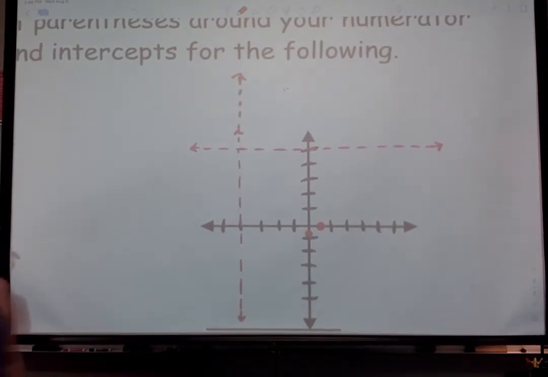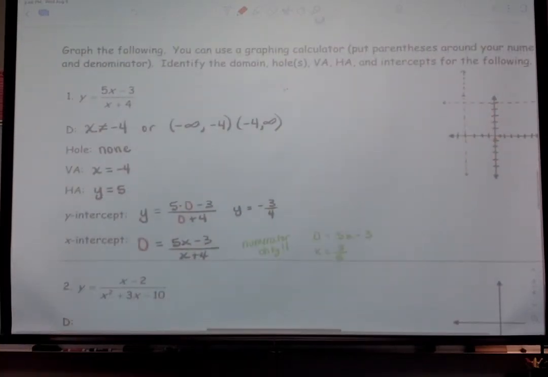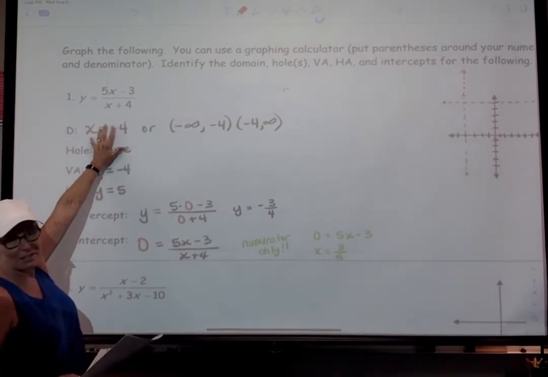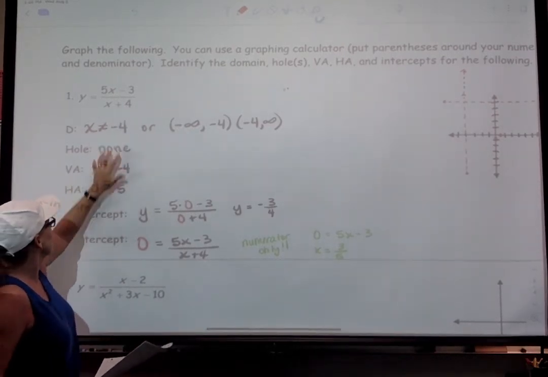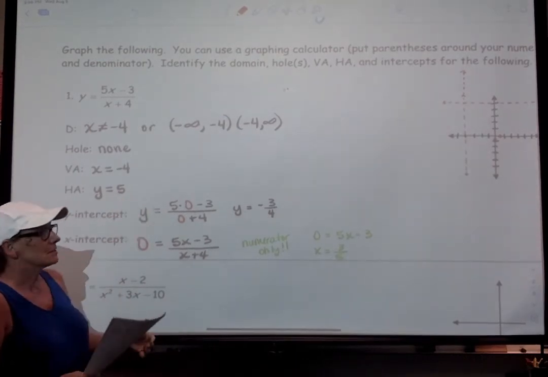What on earth does this graph look like? So have I graphed everything I can? There's nothing left to graph. I graphed a vertical asymptote there, but these go together. There was no hole. There's a vertical asymptote. I got my intercepts. Let's see what it looks like.